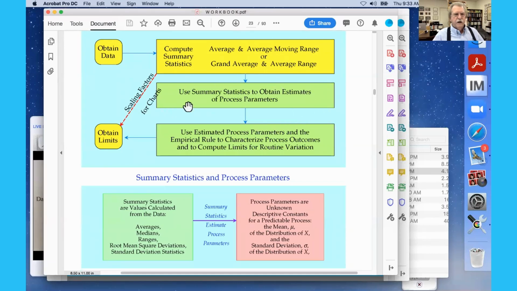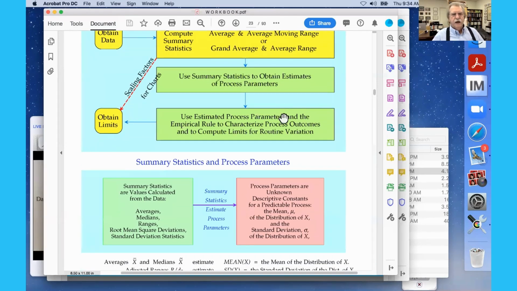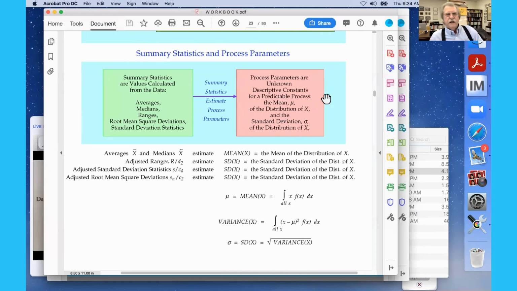Now I want to talk about the other of the two steps that go into the scaling factors. And that's using the summary statistics to estimate the process parameters. And that is explained beginning at the bottom. This is a distinction that, if you fail to make it, can lead to all kinds of confusion.